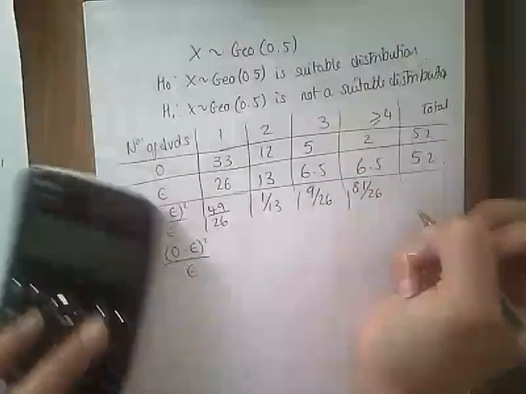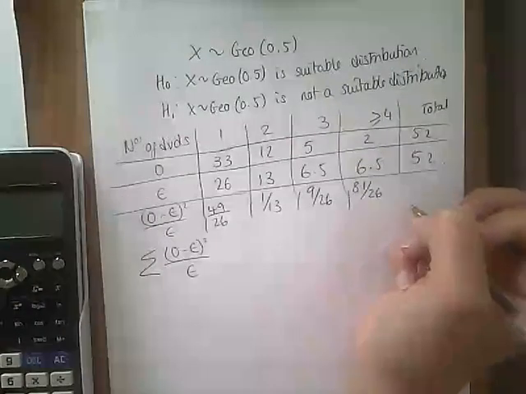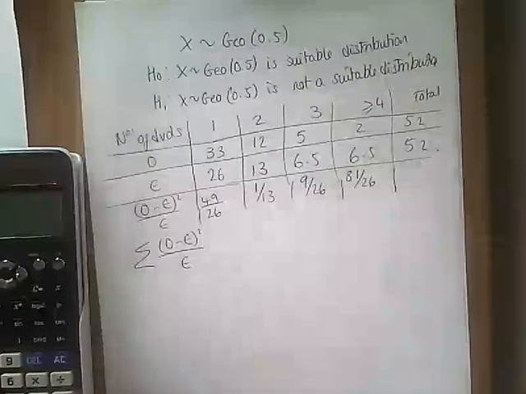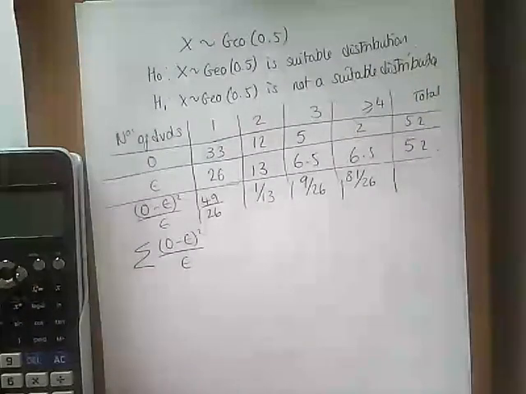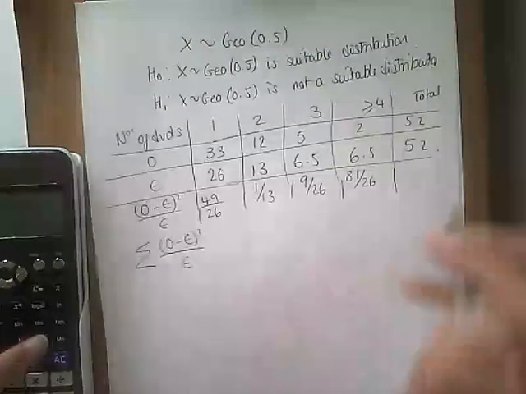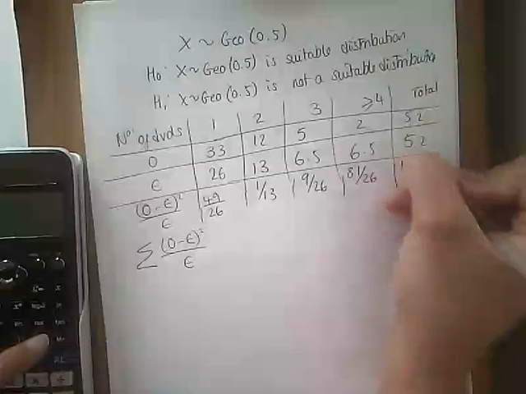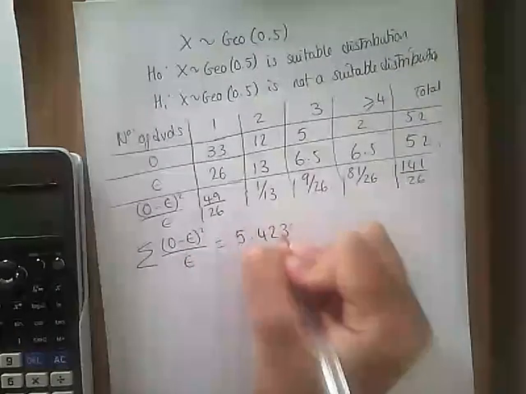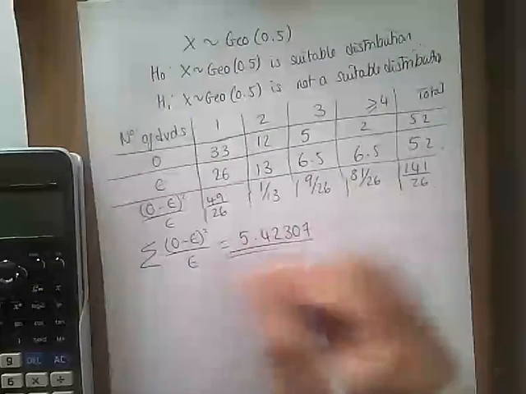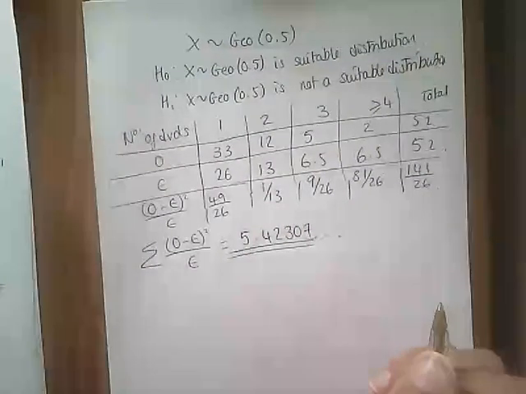There we go. And if we add all of those up, 81 over 26 plus 9 over 26 plus 1 over 13 plus 49 over 26, you should get 141 over 26. So that is 5.2307. That is our test statistic.